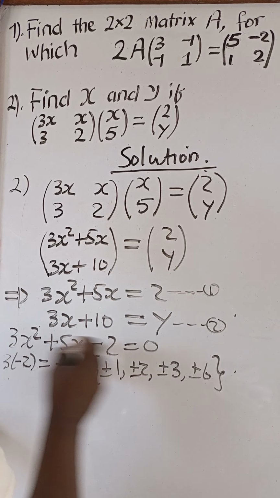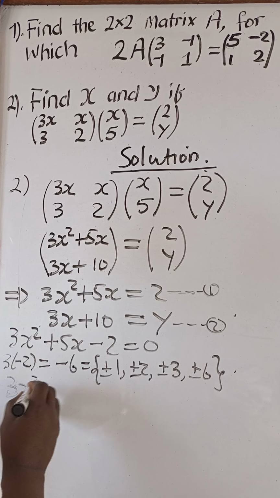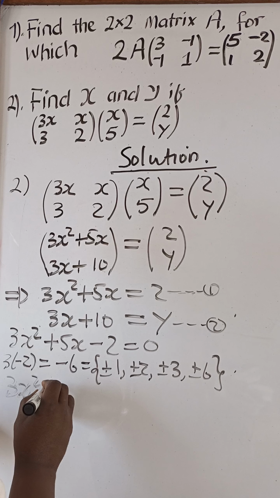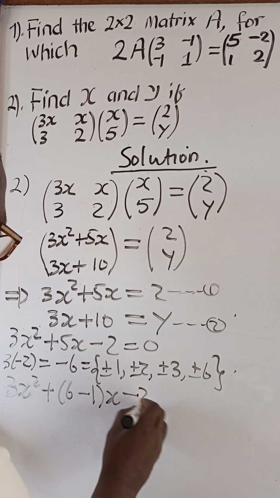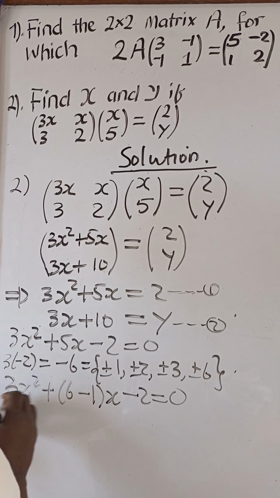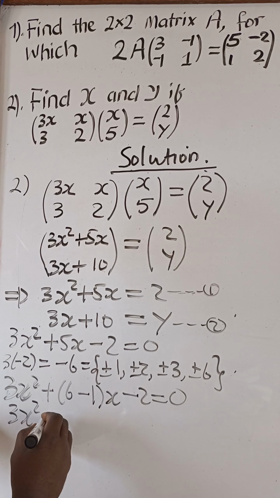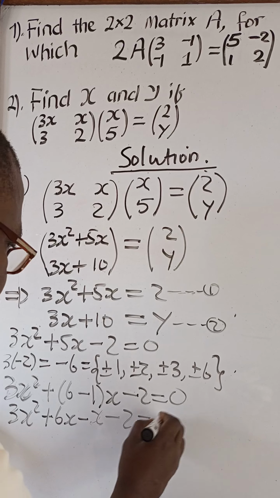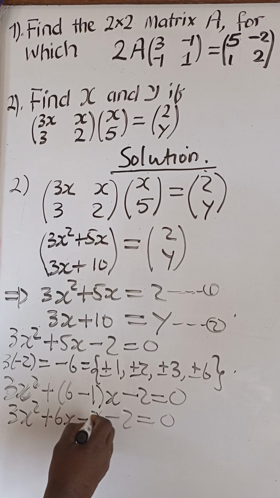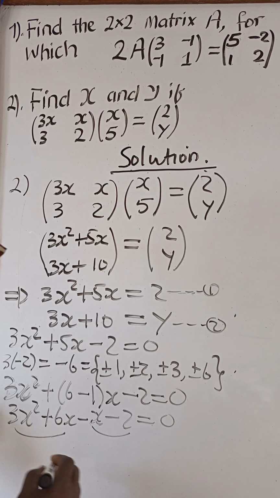So this equation now will be rewritten as 3x squared plus (6 minus 1)x minus 2 is equal to 0. We open this parenthesis: 3x squared plus 6x minus x minus 2 is equal to 0. Now, we factorize the first 2 terms and the second 2 terms.